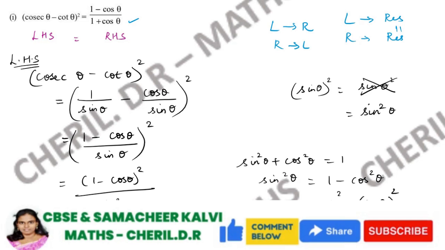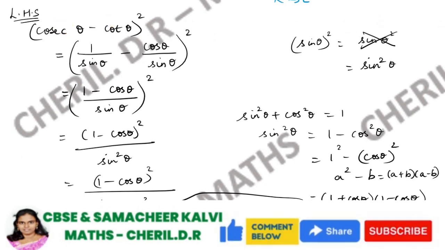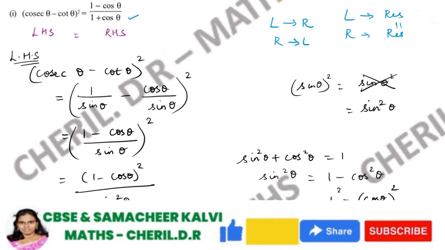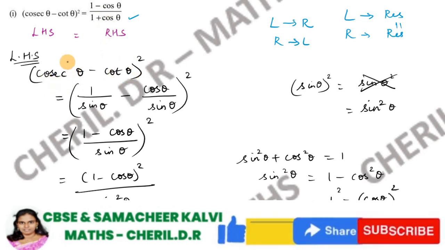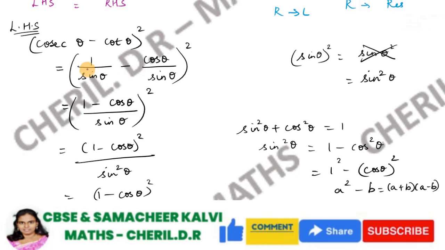Okay. Here we have cosecant theta and cot theta. Whenever we are solving, have a look at the answer or what we need to prove. We have to prove it in terms of cos and all. So let me write in terms of sine and cos. So for cosecant theta, I'll get it as 1 by sine theta. For cot, I'll get it as cos theta by sine theta.